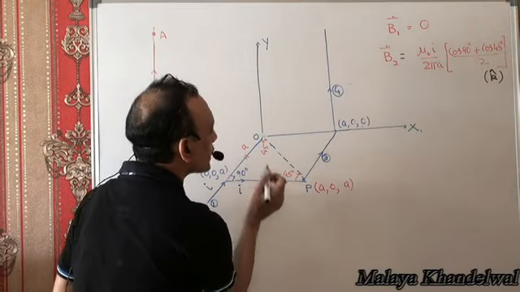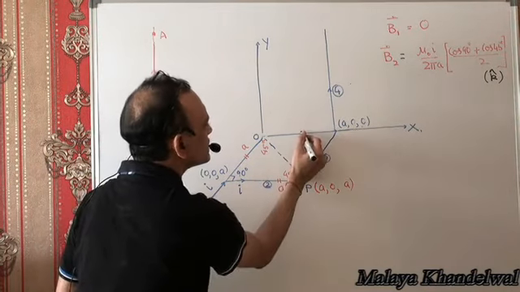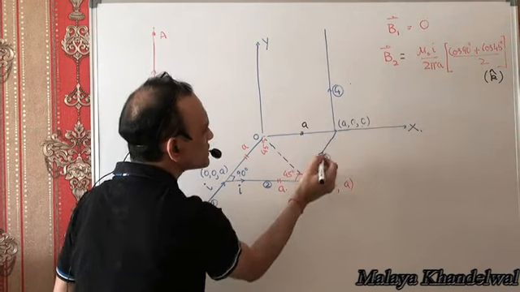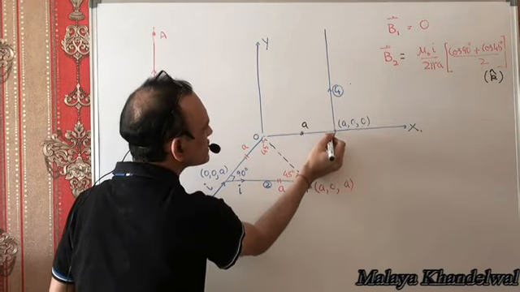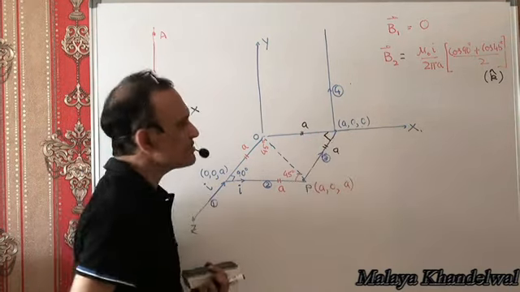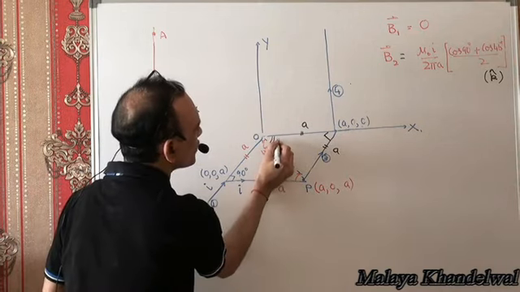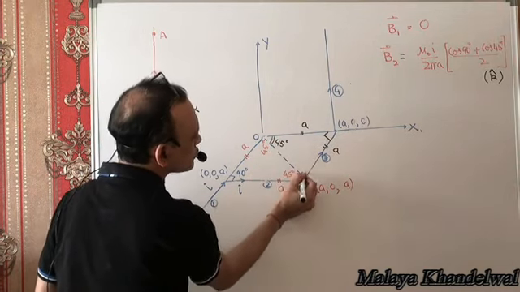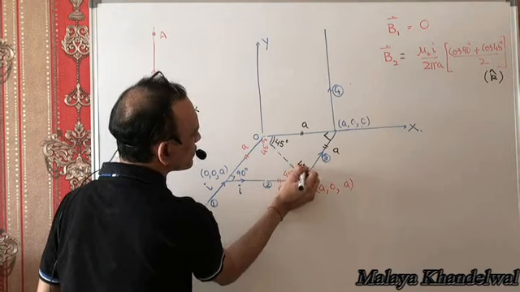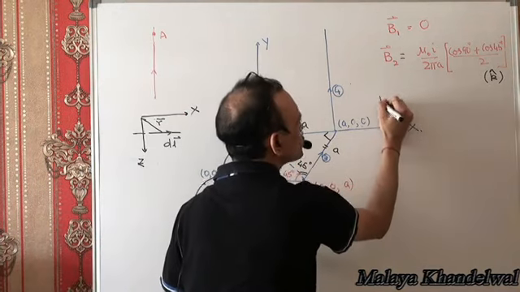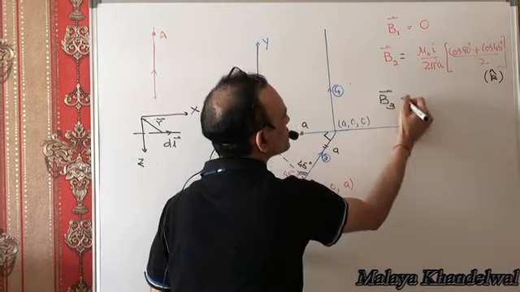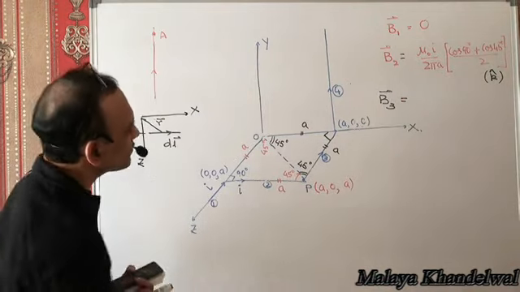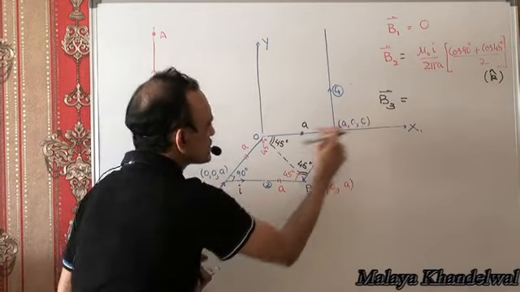So again, realize that this length is A units, this is also A units, this is evidently 90 degrees. So this is 45 degrees, this is also 45 degrees. Now, the field produced at O because of 3, B3, is going to be: what's the distance of this wire from O?